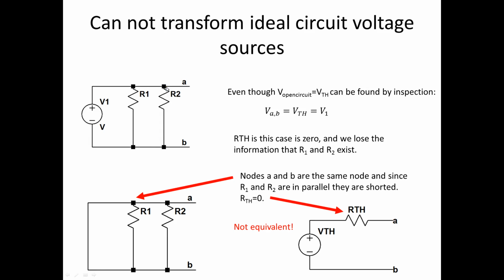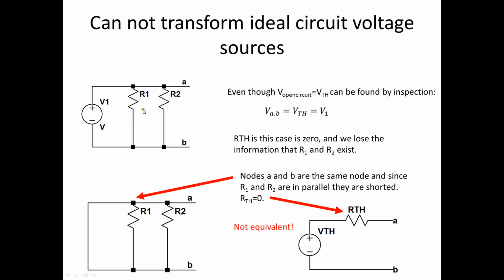One side of R2, one side of R1, and one side of V1 are connected to the A line, and the other sides of these devices are connected to the B node. That means they're in parallel, so the voltage across each is the same. So the Thevenin voltage is equal to V1.